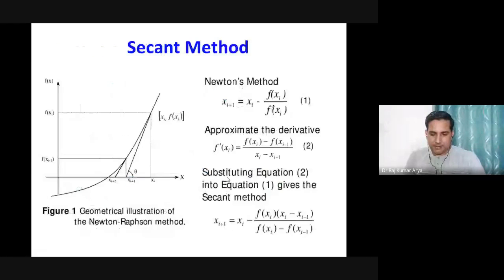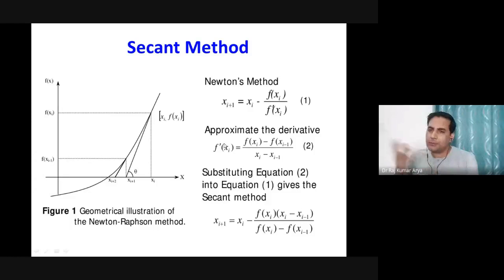Now, the next method is the secant method. Once you have the Newton-Raphson method, from this you have the easiest way of calculating the derivative.